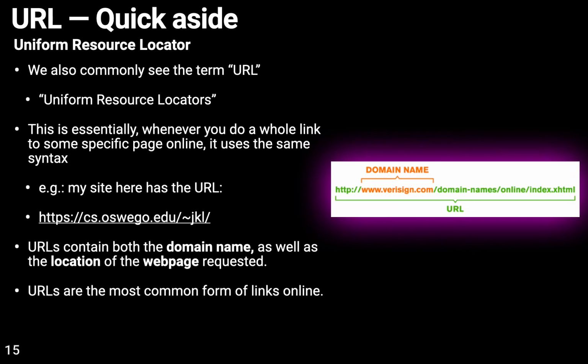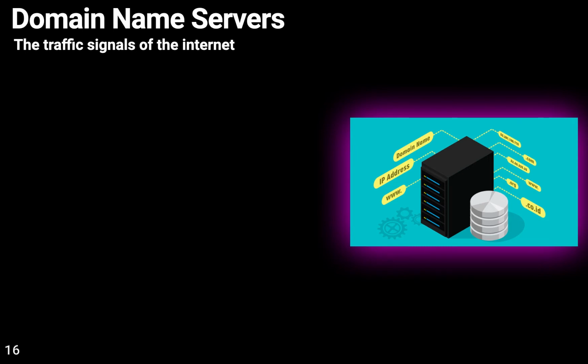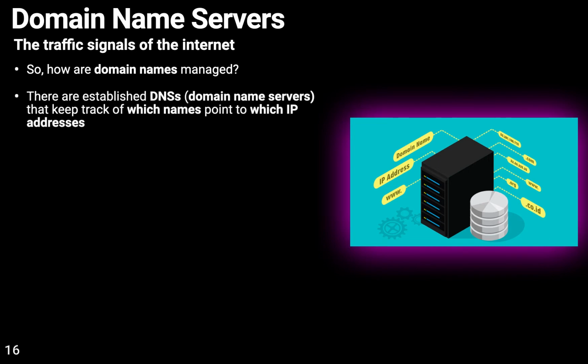Okay. So now domain name servers. These are essentially the traffic signals of the internet. So how are domain names managed? Well, there are established DNSs, domain name servers out there, that keep track of which names point to which IP addresses, right? So if I have purchased a name and I want people to reach my computer, my server, whatever is holding my website, using this domain name that I've got, that's how you get registered on these DNSs.